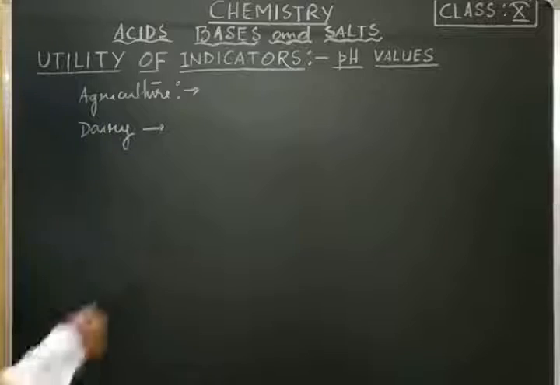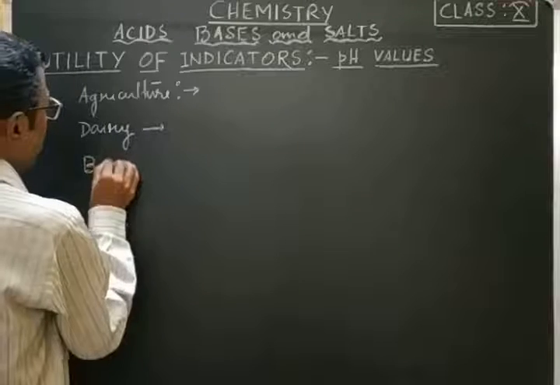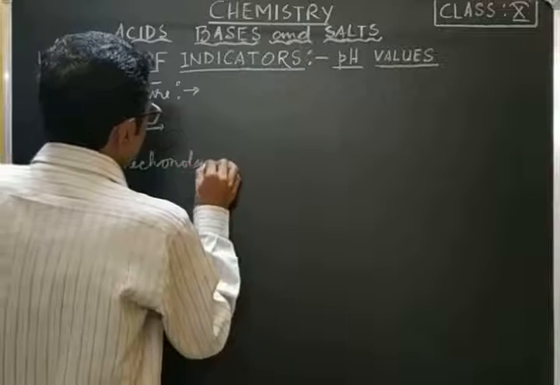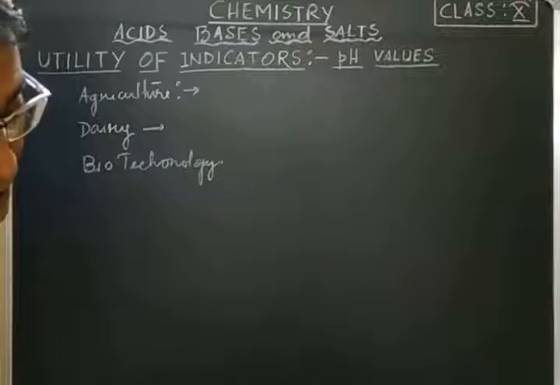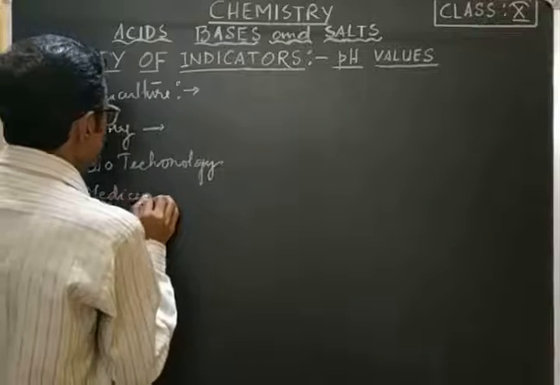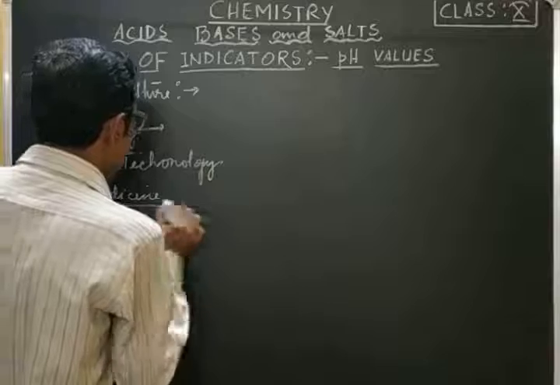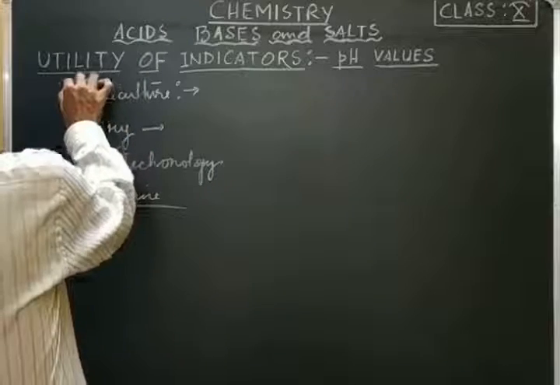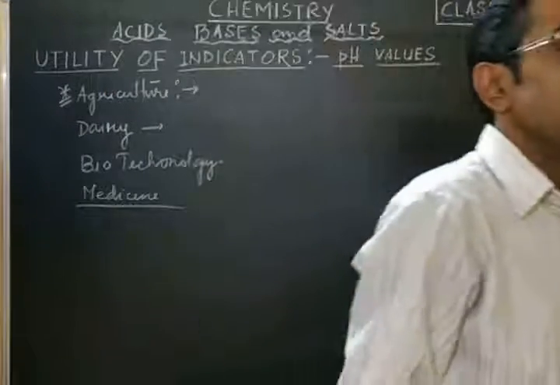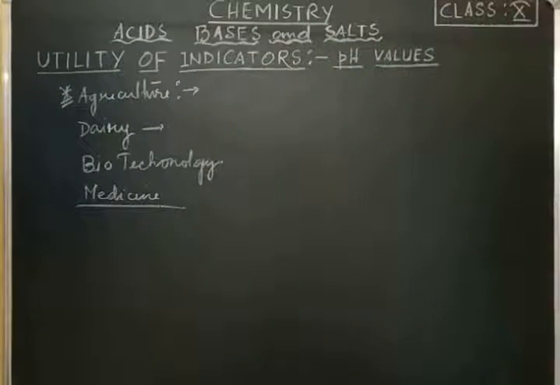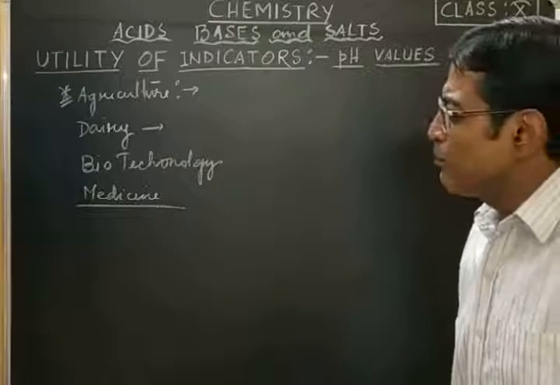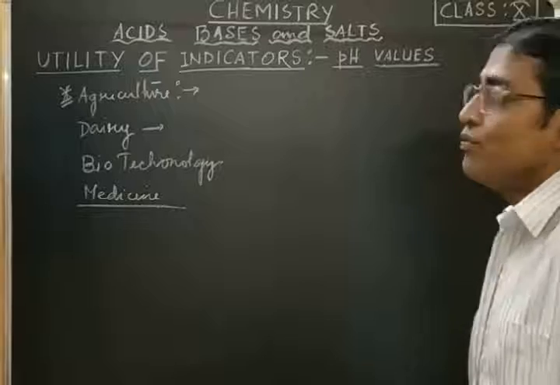In biotechnology and in medicine, it is also very useful. In agriculture it is used to check the fertility of the soil, and in dairy industries to check the purity of milk, jam and all dairy products. In biotechnology, pH has a very large use.